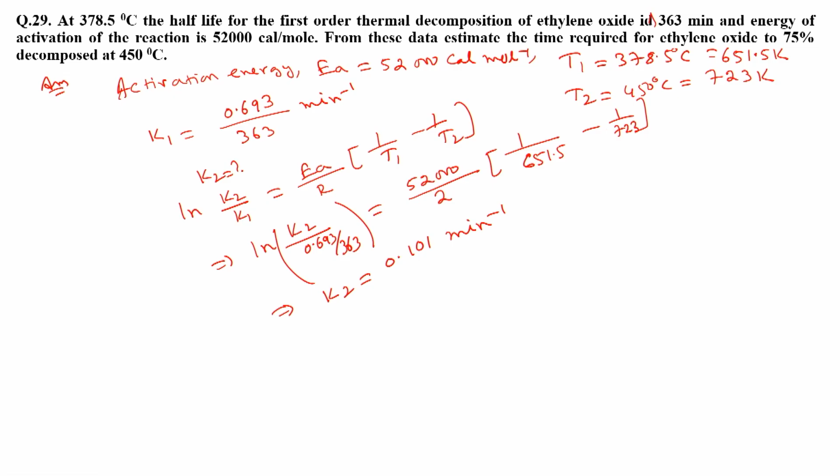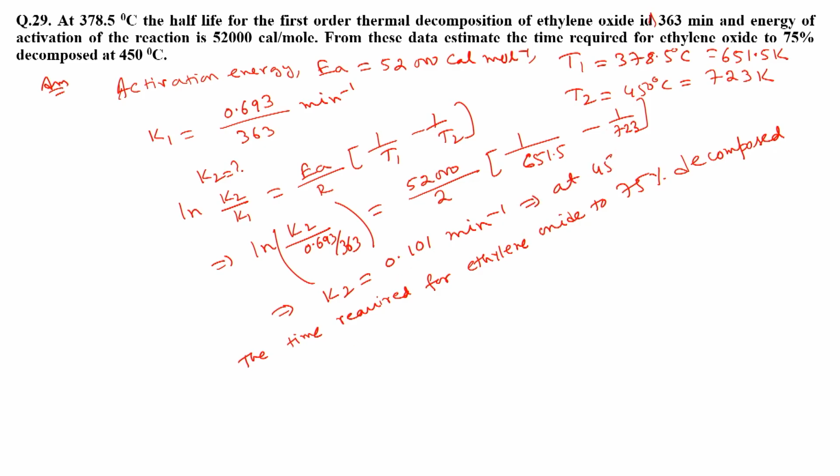So, we need to calculate now the time required for ethylene oxide to be 75% decomposed. So this value of K2 is at 450 degrees Celsius, right?